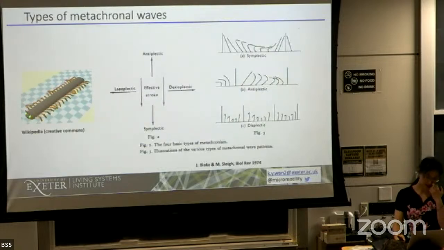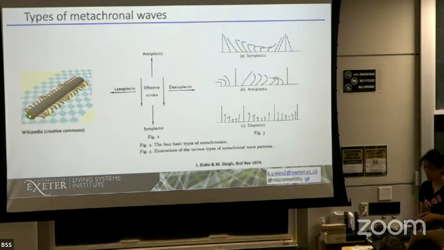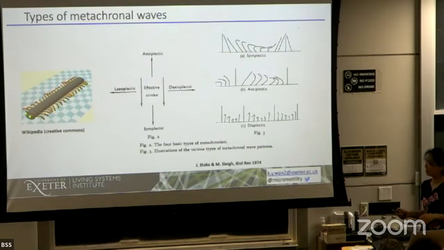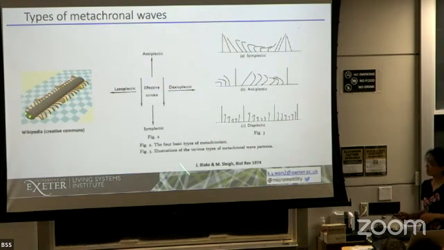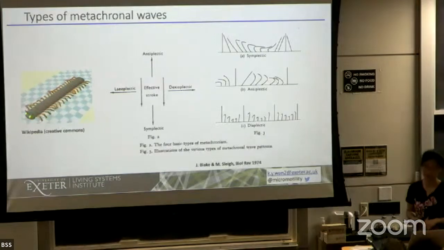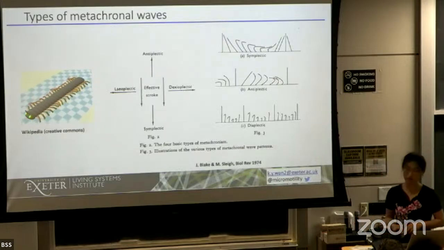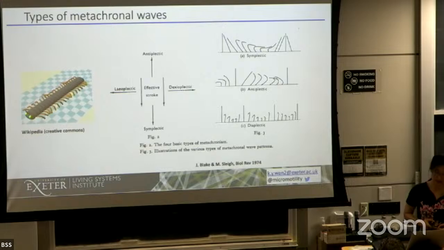I wanted to show this slide just to put the words in your head. These types of synchronization, or types of metachrony, have been defined. I think this is maybe the very first paper to define these terms.